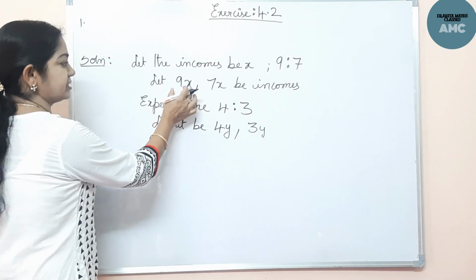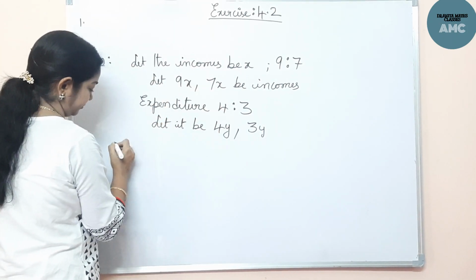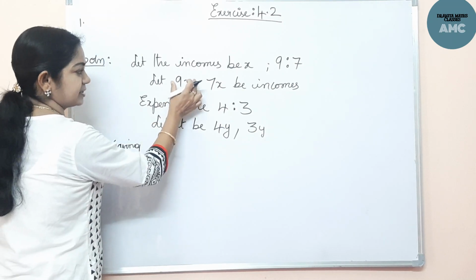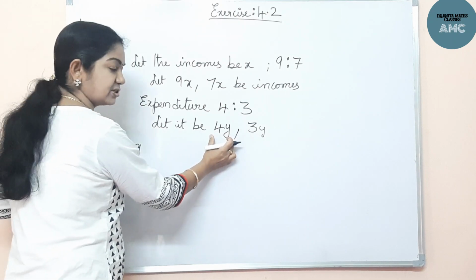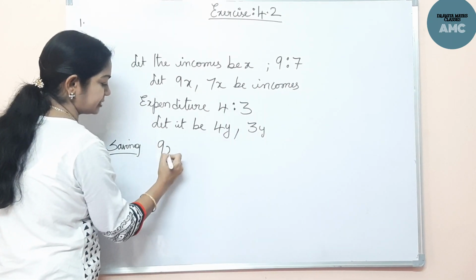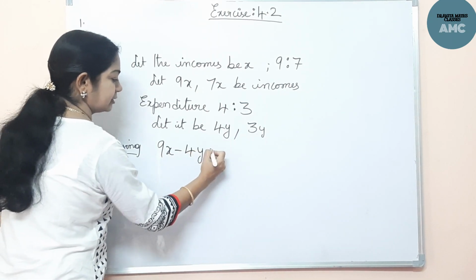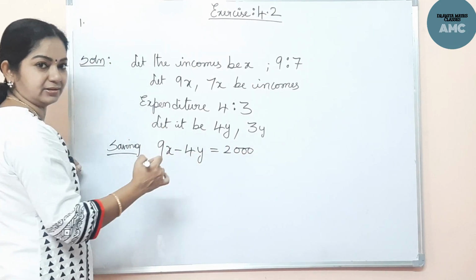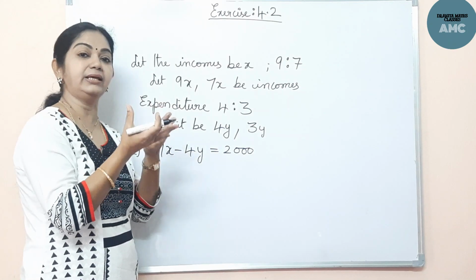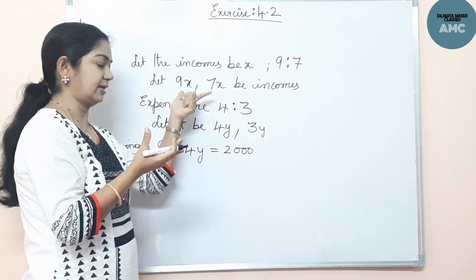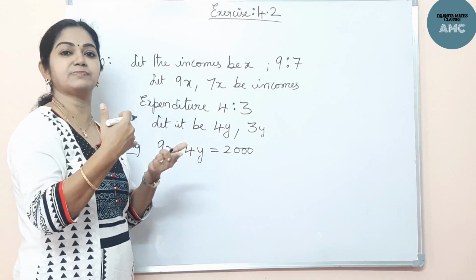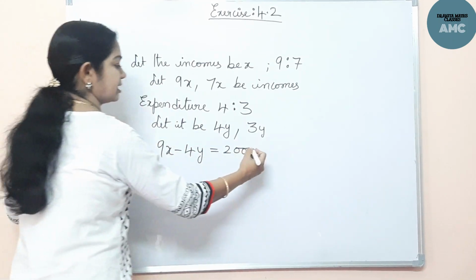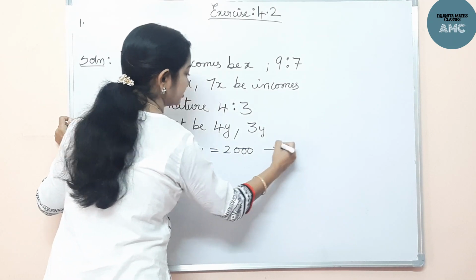Now here, if you see the first person, write saving here. First person income is 9x, his expenditure is 4y. So 9x minus 4y comes to 2000. He is saving 2000 rupees in a month. Let this be our equation 1.